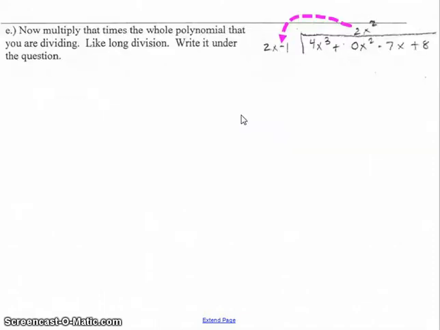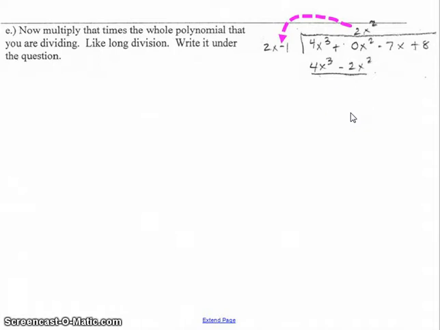Now we move on to E. What you do here is you multiply this information that you have already, the 2x squared, times all parts of the divisor. So it's going to be 2x squared times 2x, and also 2x squared times minus 1. So 2x squared times 2x is 4x cubed. 2x squared times negative 1 is negative 2x squared.